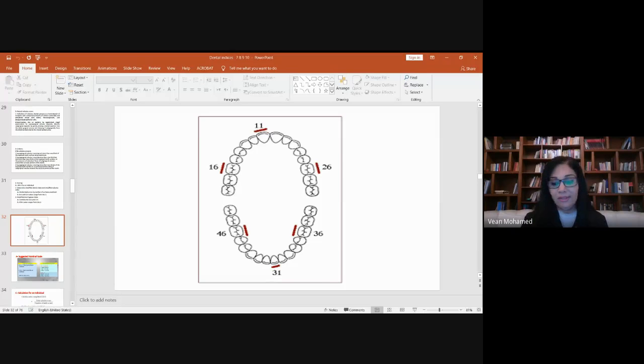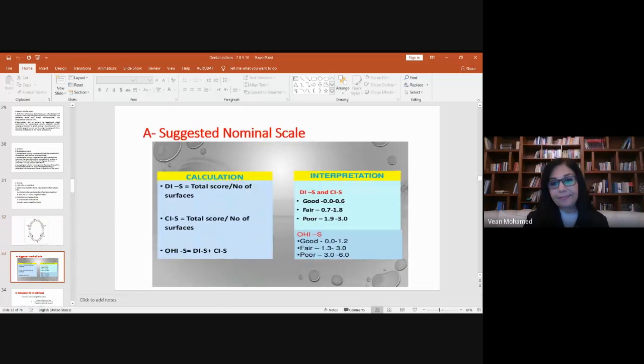You have to know these teeth that are examined in the oral hygiene index. How do you measure? Debris index is the total score divided by the number of surfaces. Very easy. Calculus index, again, total score divided by the number of surfaces. And the simplified oral hygiene index is the summation of the debris index plus the calculus index. It's easy.